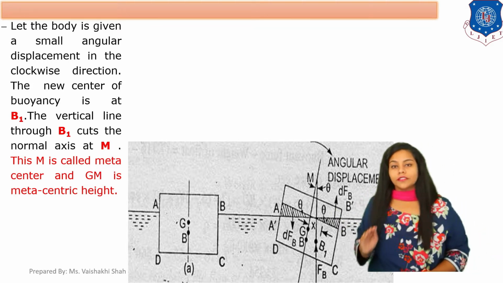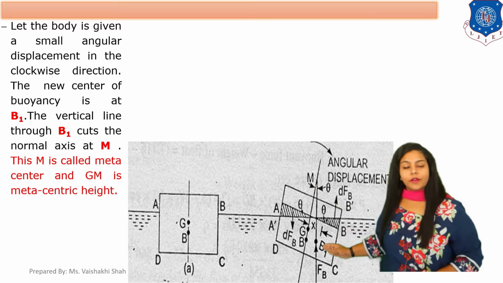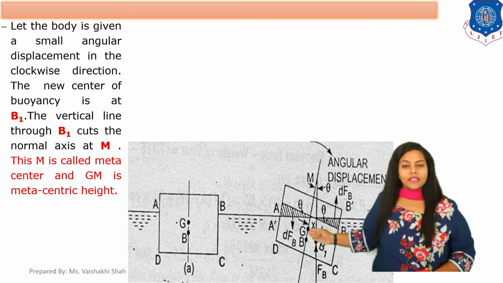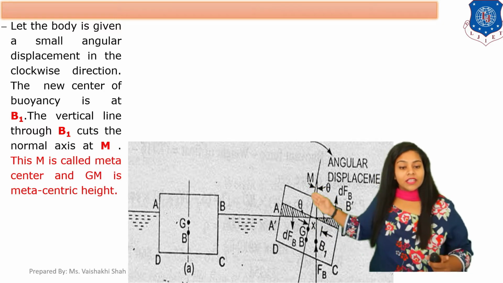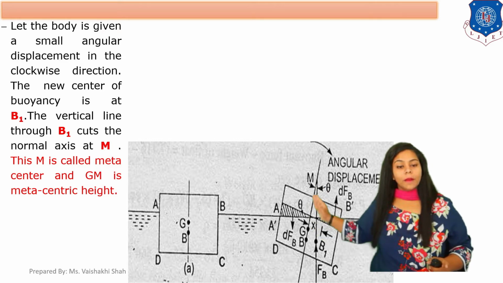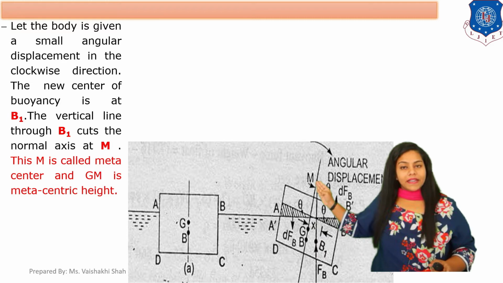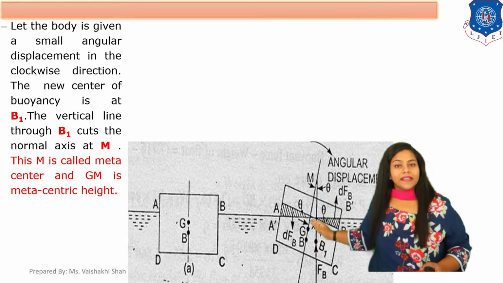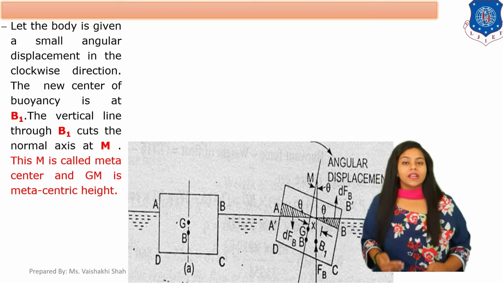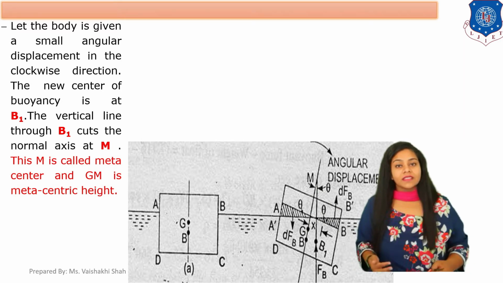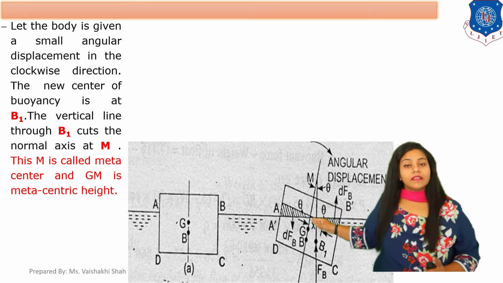So the new center of buoyancy is B1, and the vertical line passing from the new center of buoyancy and the old center of buoyancy intersect at point M. Here GM is called metacentric height, the distance between center of gravity and metacenter. We are determining metacentric height here, so at the last we will get the equation for GM, which is metacentric height.